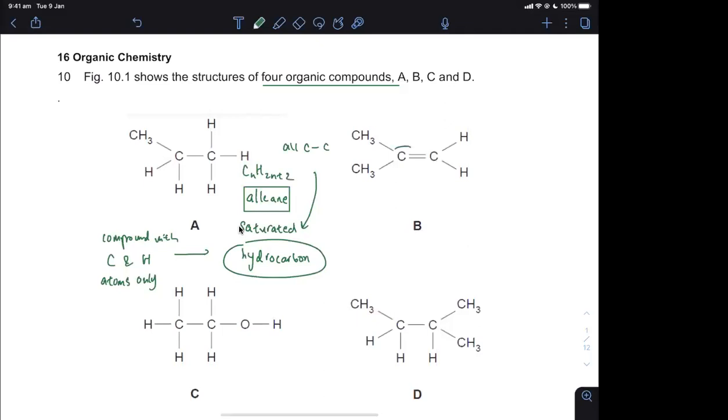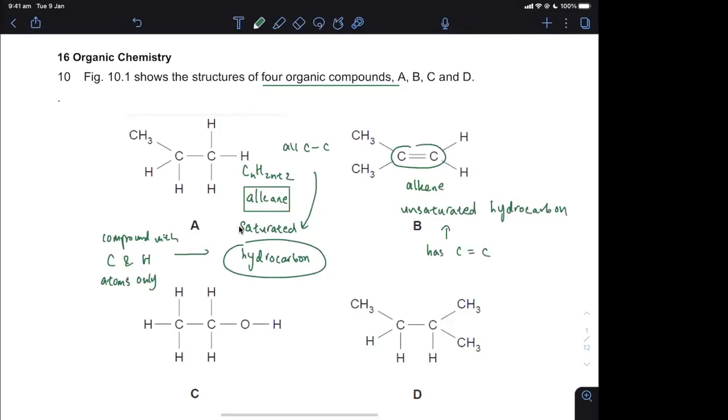On to the next one, you have the characteristic alkene. With an alkene family, this is what you call unsaturated. And it is also a hydrocarbon because it's a compound containing carbon and hydrogen only. So it's called unsaturated hydrocarbon. Unsaturated means it has multiple bonds.